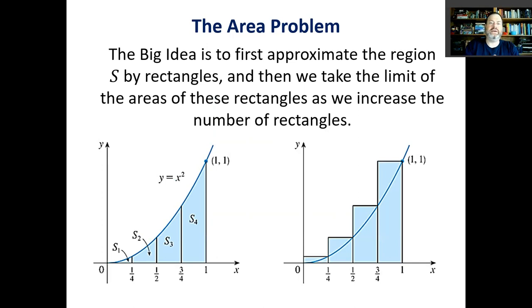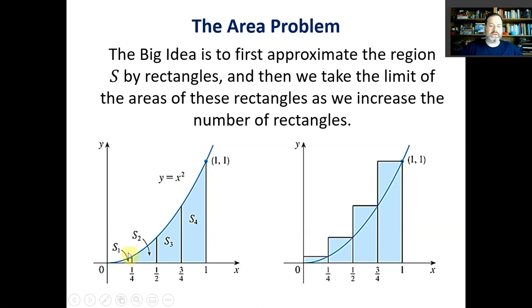So the big idea is to first approximate the region S by rectangles, and then take the limit of the areas of these rectangles as we increase the number of rectangles. So that's just our general philosophy with this.